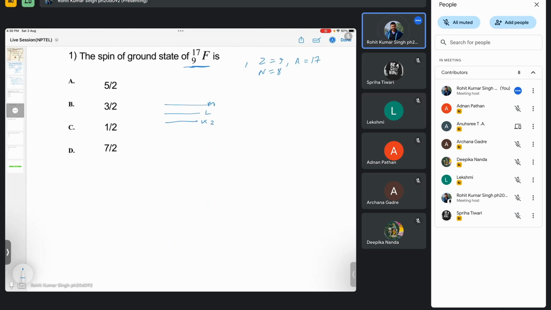So 2, 6, like this, and you get a stable configuration. There are some magic numbers in the atomic model. I don't remember exactly what those are.